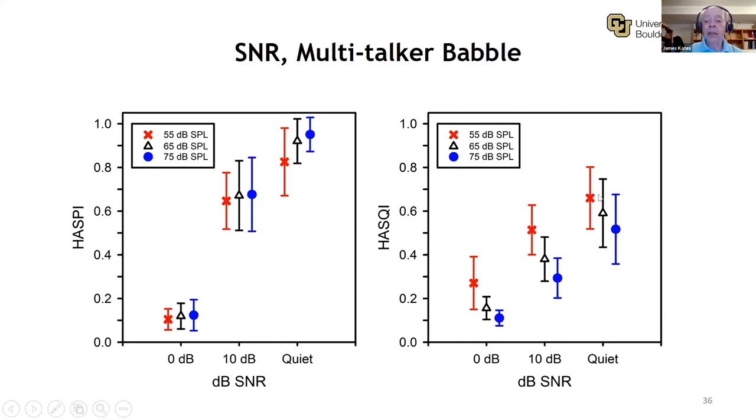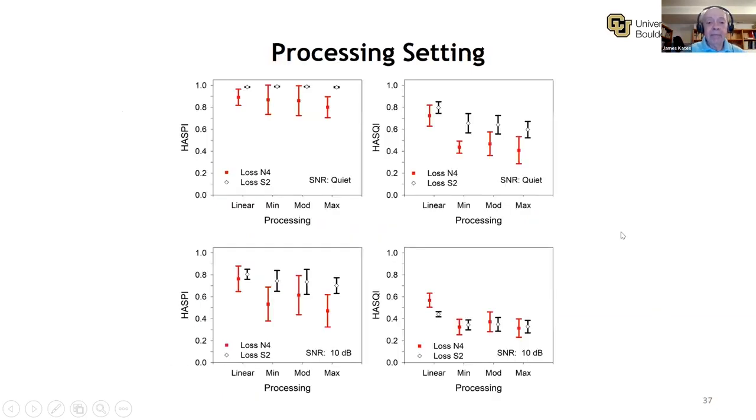And if we look at quality, however, as we increase the signal level, the quality goes down. And here our best guess is that as we increase the signal level, we are getting distortion components generated by the hearing aid. We're amplifying those above the impaired threshold. We can hear more of them, and we complain. What about the processing?